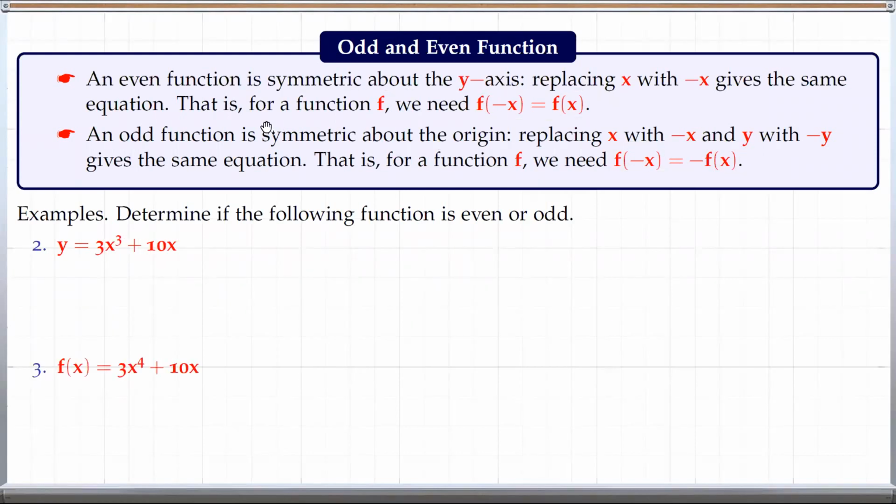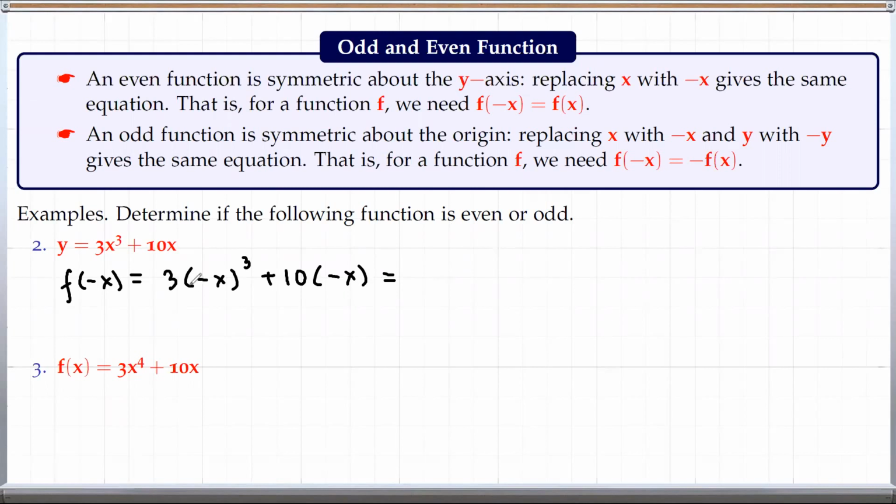So here we are given y equals 3x cubed plus 10x as the second example. So we want to again evaluate f of negative x and see if that will come out to be f of x or negative f of x. So this is 3 times negative x cubed plus 10 times negative x.